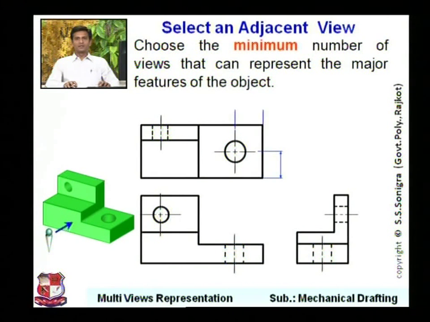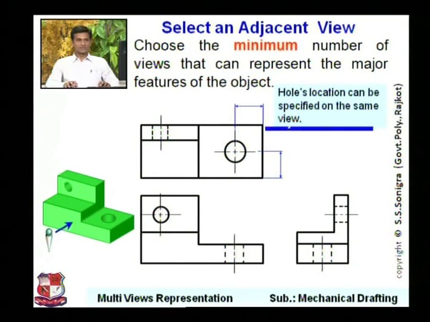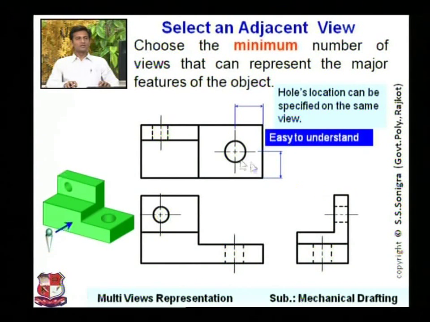Now second, this one. Think about this dimension. Here the hole location can be specified on the same view, here and here, so that it would be easier to understand. The location of the hole is here, so on the same view it could be represented.